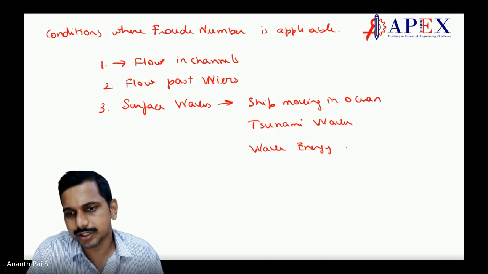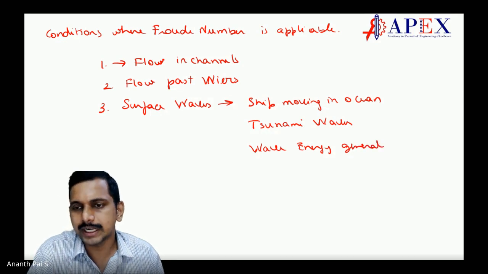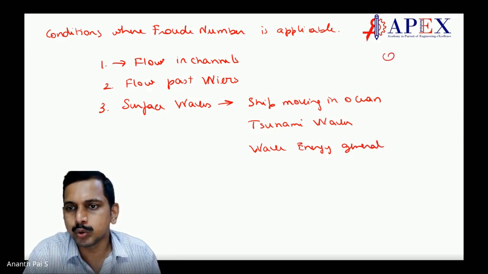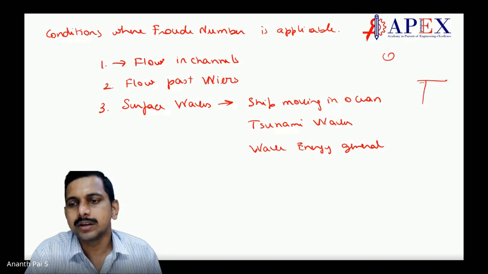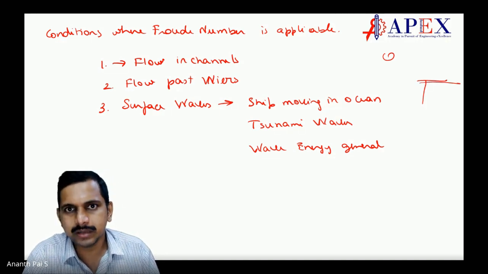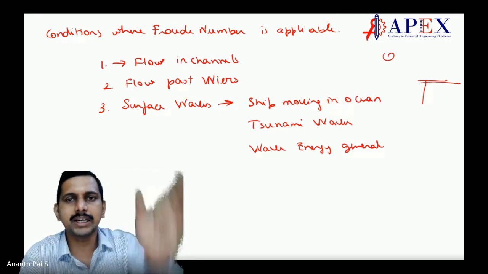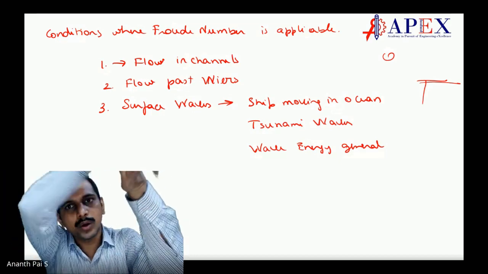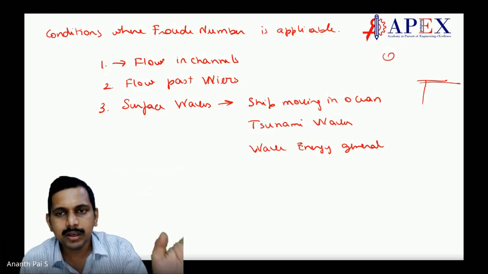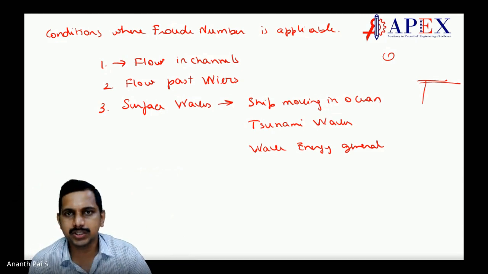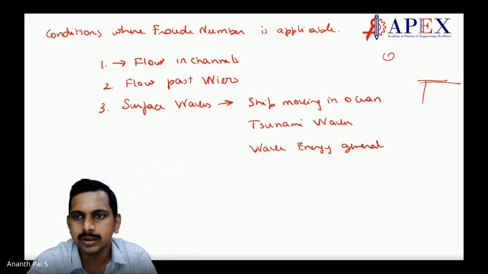Tidal is about when, because of the moon, there is a rise, high tide will be there. At the high tide, they will put a dam so that it will store the water. When it is low tide, you will use the energy of the water. So you are using the moon for energy generation.